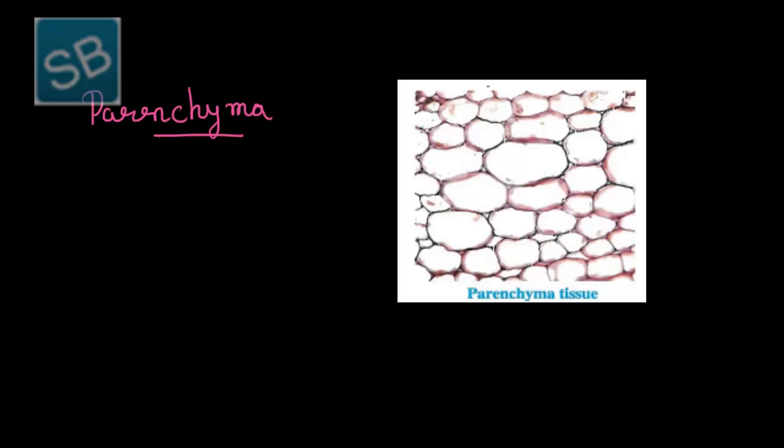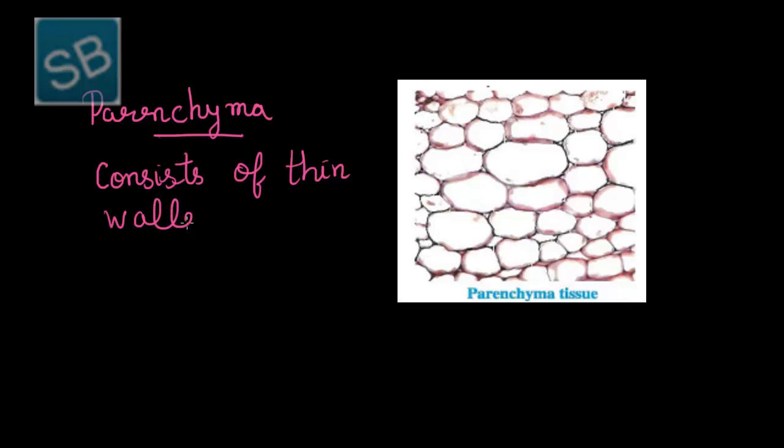The first type of simple tissue is parenchyma. This figure depicts the structure of a parenchyma tissue. As it can be seen from the figure, this type of simple permanent tissue consists of thin-walled cells that can be either closely packed or have intercellular spaces.